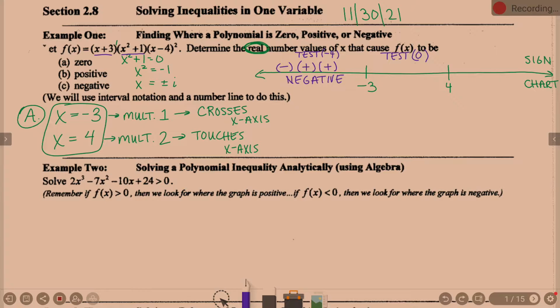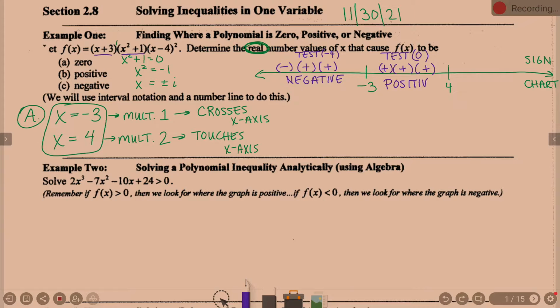Okay. So if we put 0 in, what do you know about 0 plus 3? Positive. And substitute your own number in, right? What about when I do 0 squared plus 1? It's a positive. What about when I do 0 minus 4 and then I square it? It's a positive. What do you know about positive times a positive times a positive? Positive.